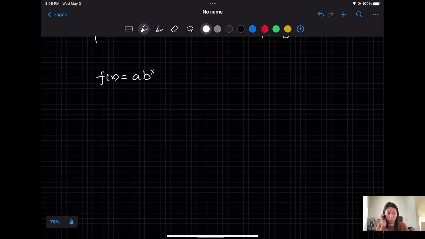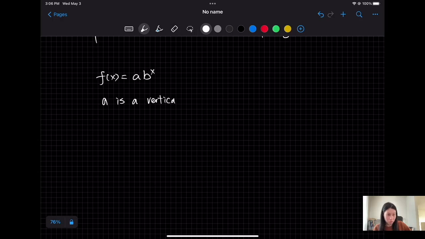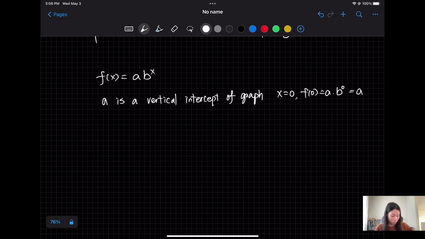This is our exponential function. a is the vertical intercept of the graph, because when x equals 0, f(0) is equal to a times b to the 0, which is a times 1, which is a. So that means a is our vertical intercept.